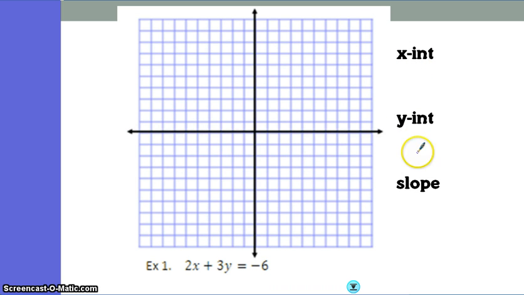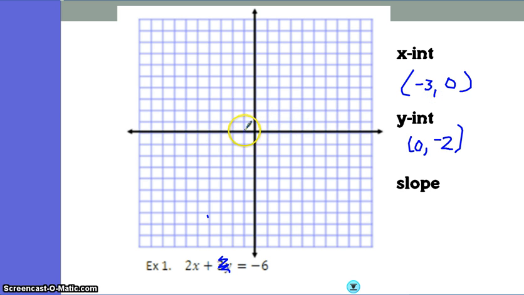Now, you can label this stuff if you want to, but really, I want you to look at this. If we plug in 0 for x, so that would be our y-intercept, that term would go away, and y would be -2. And if you plug in 0 for y, so finding an x-intercept, this term would go away, and you'd get x is -3.